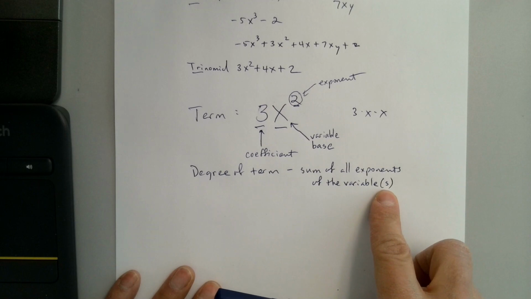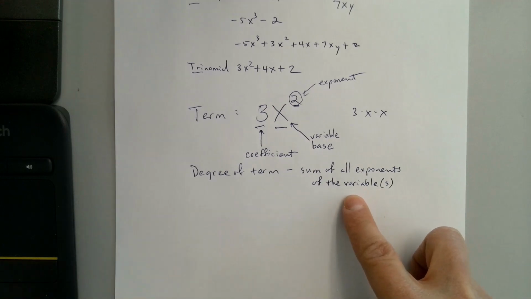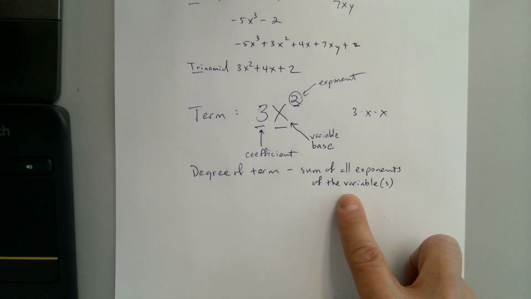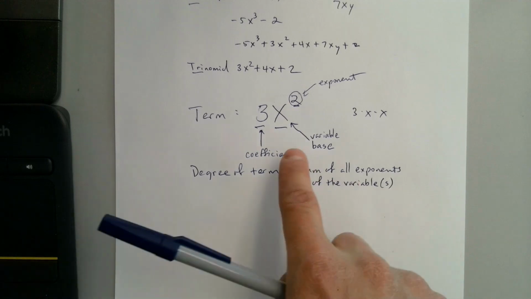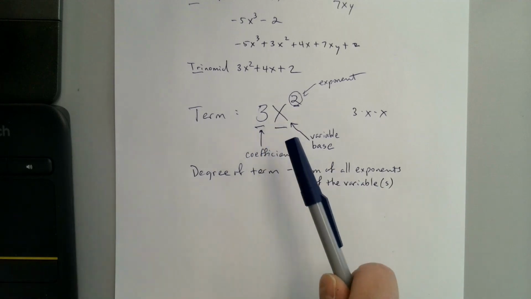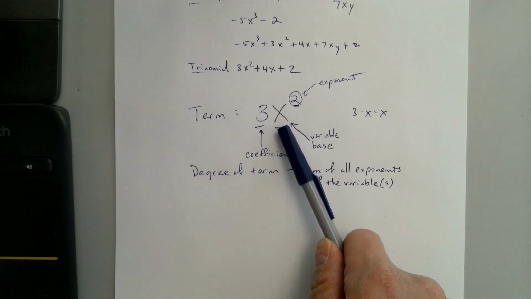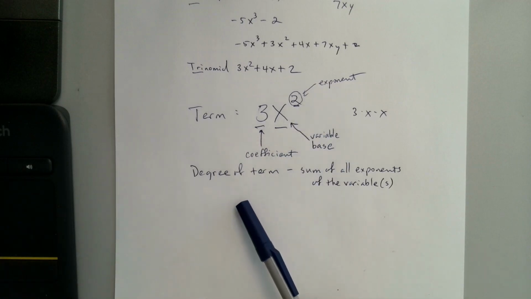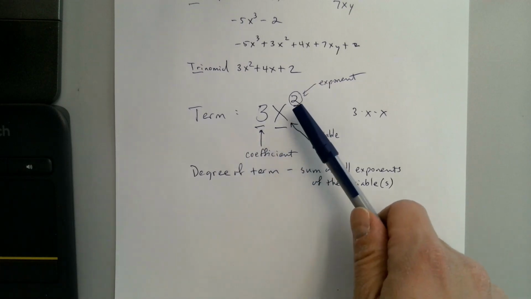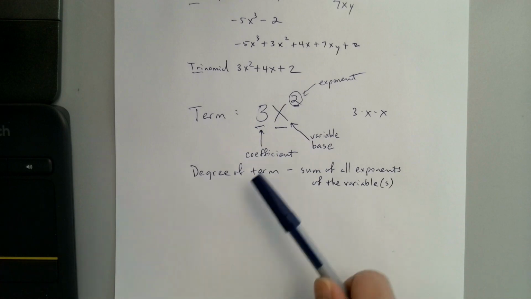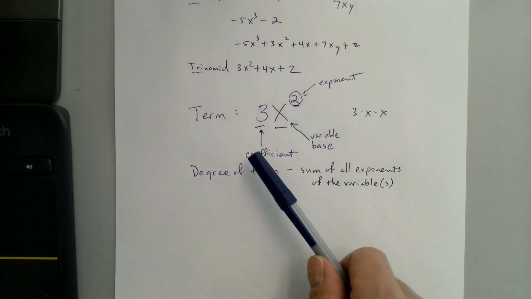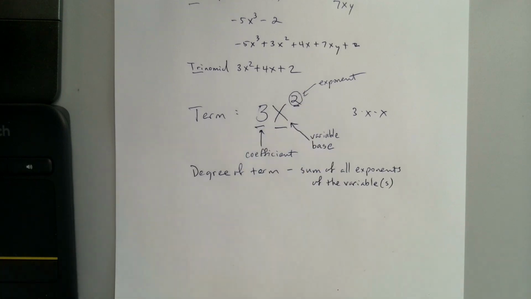I'll put s in parentheses because sometimes we only have one variable. Sum of all the exponents of the variables in the term. So in this term we have one variable and that variable's exponent is 2, so the degree of the term is just 2. We've identified the degree of this term to be 2. So that was an easy identification.